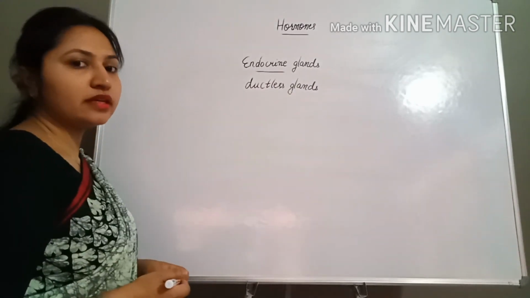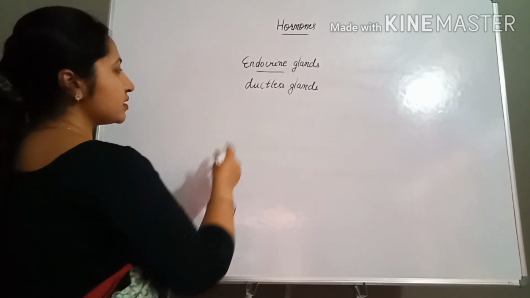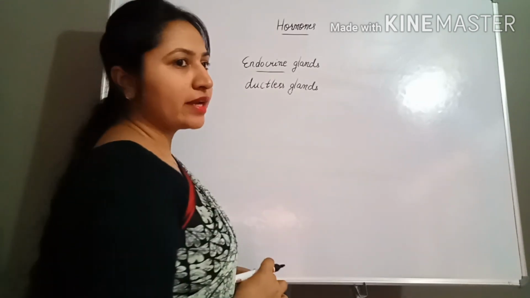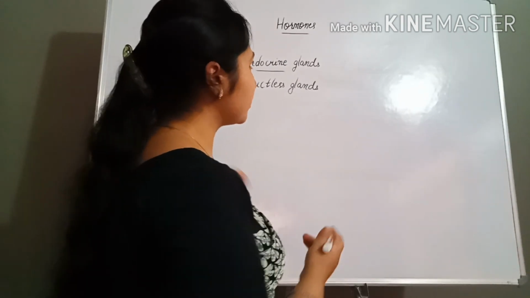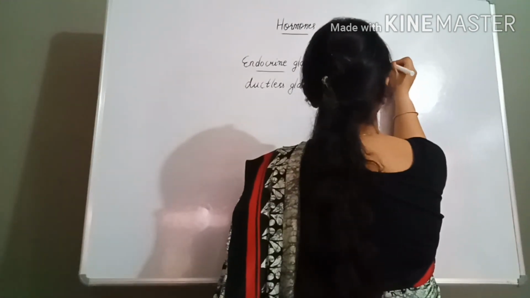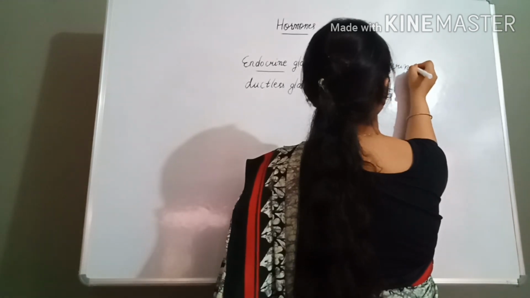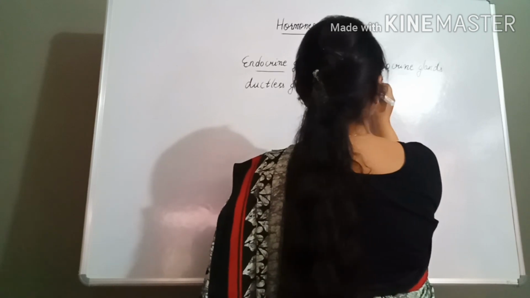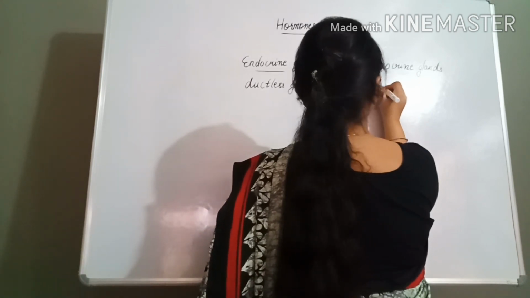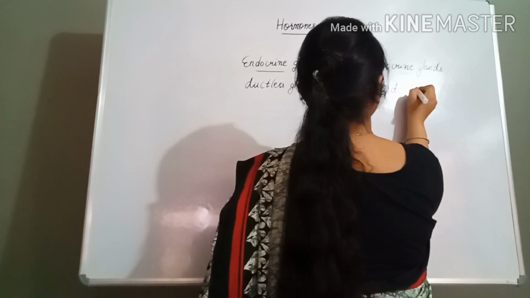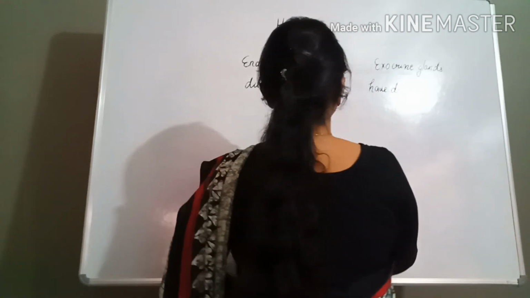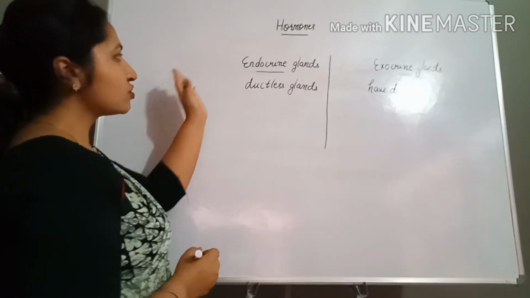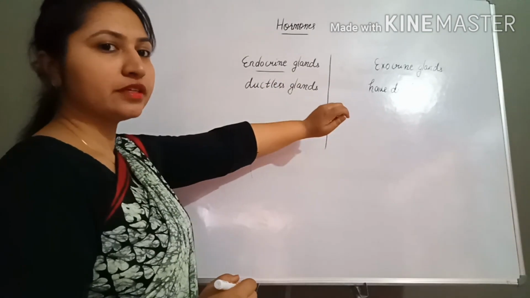Means they pour their secretion directly into the blood. Now what are exocrine glands? How are these glands different from the endocrine glands? These glands have ducts. So if we look at the differences between the endocrine glands and the exocrine glands, these are the ductless glands and these have ducts.